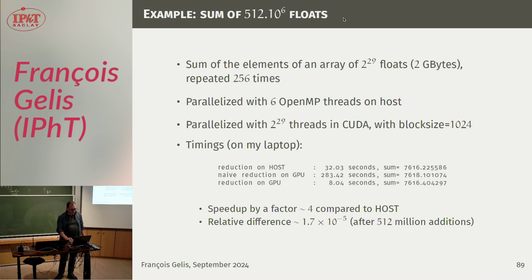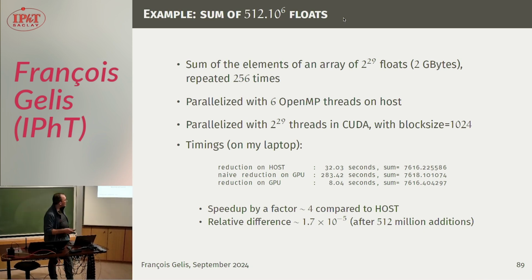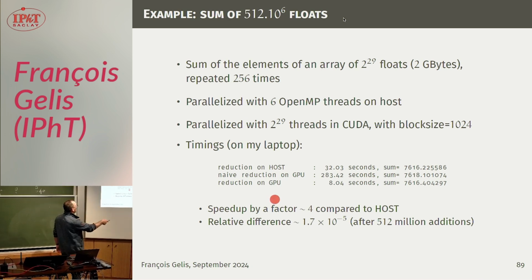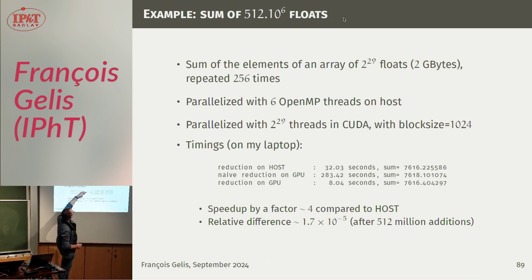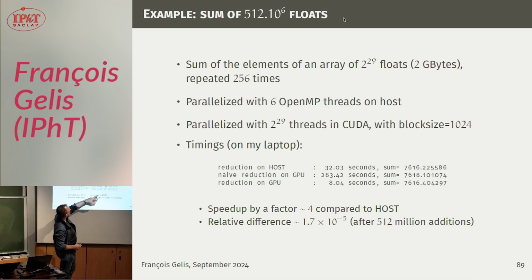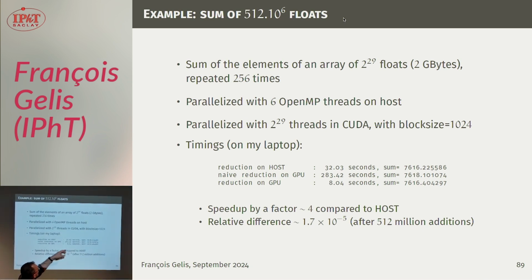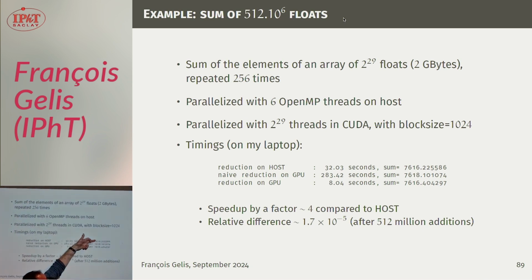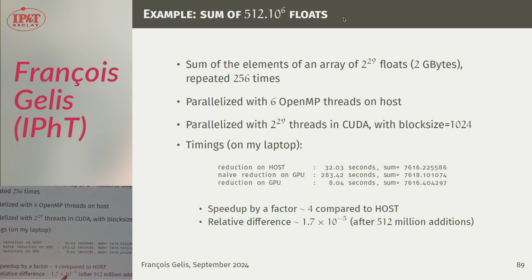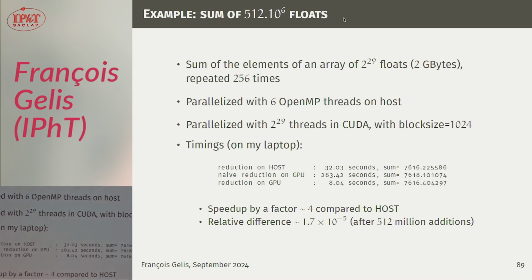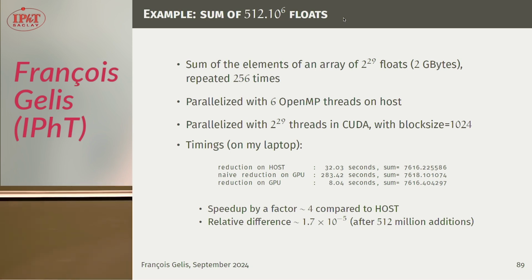Yes, there is a remark here about accuracy. So I'm comparing these two, not the one with the naive reduction, for which I don't know how the error comes about. The relative difference between these numbers is about 2 times 10 to the minus 5, but this is after 500 million operations.